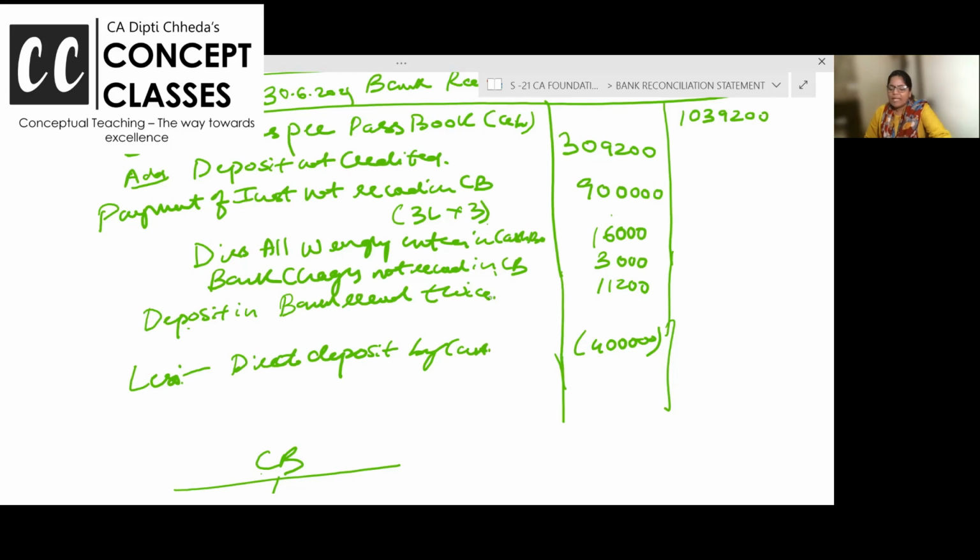A debit of 11 lakh appeared in the bank statement for an unpaid check which has been returned marked out of date. Got it? So a check is returned, 11 lakh. Check has been redated by customer and paid into bank. Oh, super.